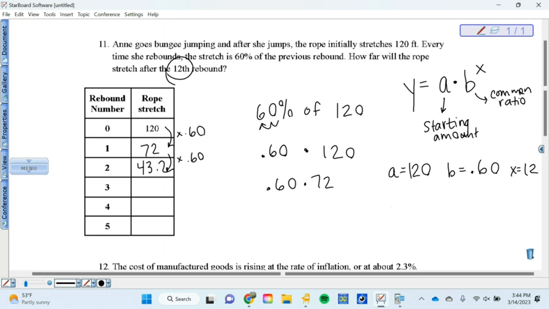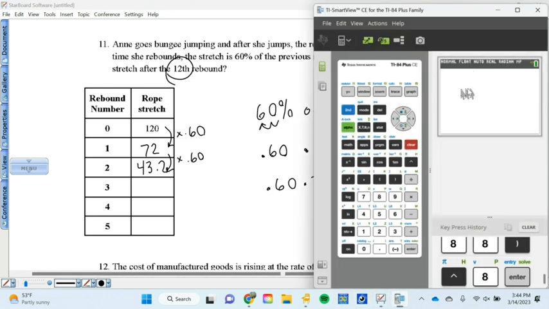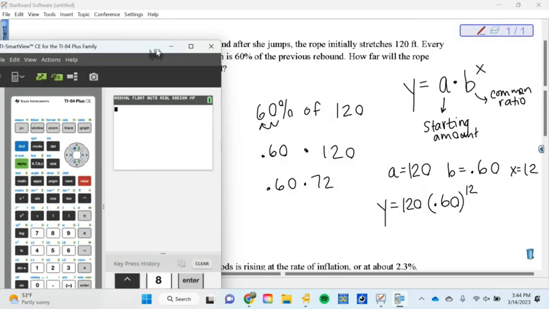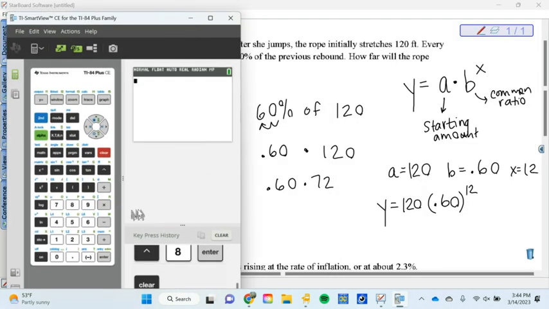Okay, so my equation becomes y equals 120 times 0.6 to the 12th power. And then I take my calculator and I practice my exponents now, so you don't come and ask me how to put exponents in my calculator tomorrow, because I've told you a bunch of times, right?